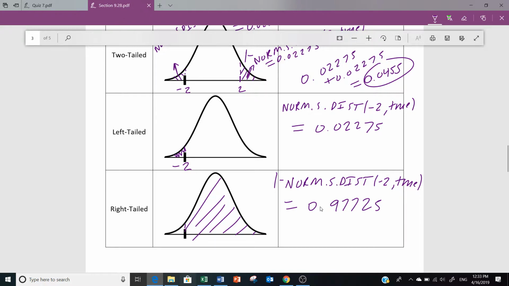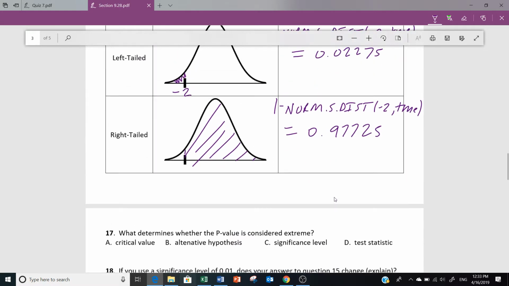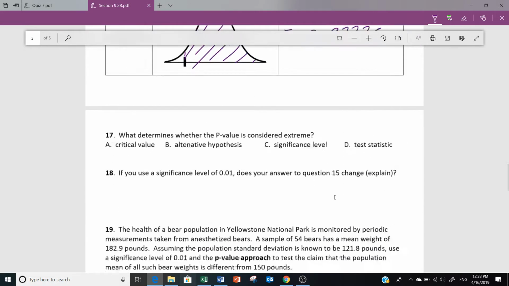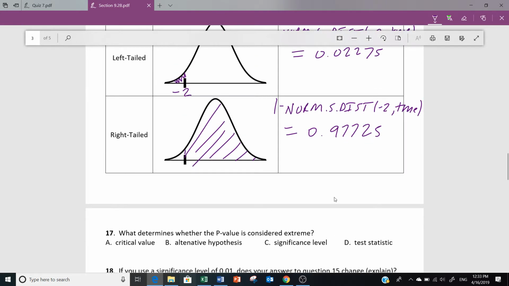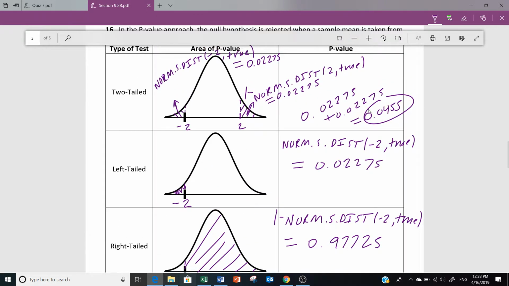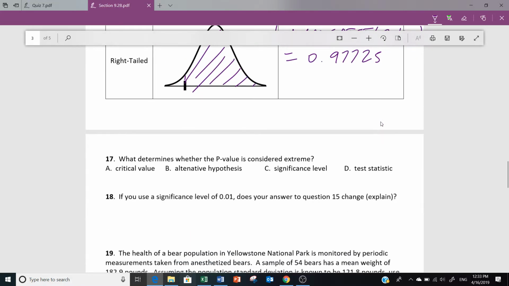Okay, we're kind of getting low on time, so we're going to have to go through this a little bit fast. How do we know if we have an extreme value? What tells us whether the p-value is considered extreme?